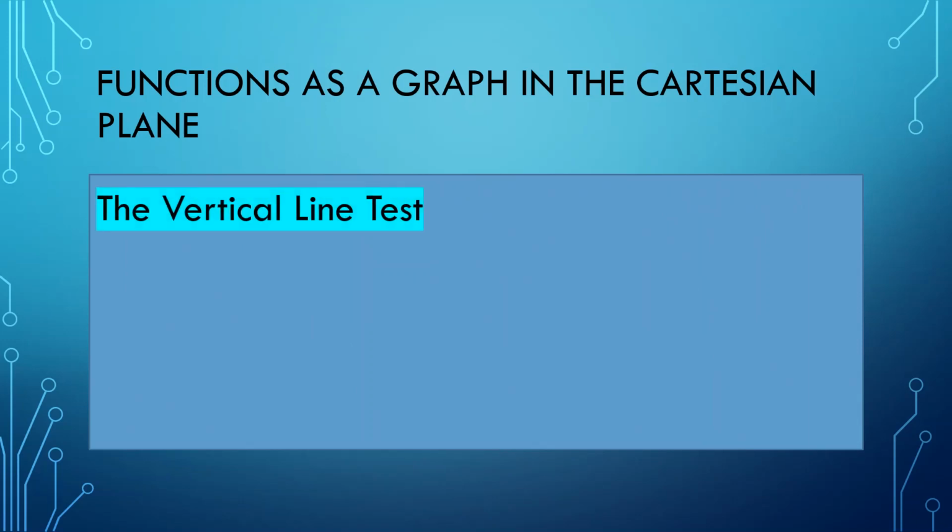Okay. So next, we have function as a graph in a Cartesian plane. Before we test if a graph is a graph of a function or not, we need first to discuss the vertical line test.